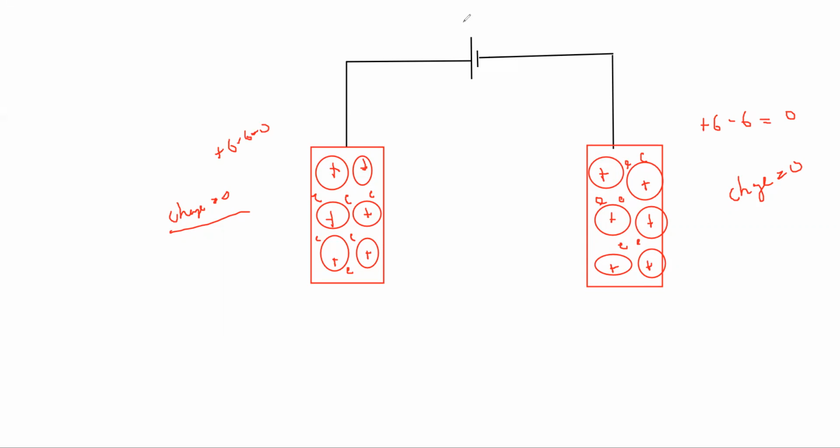Now what you did, you connect them with a cell or a battery. So the positive terminal of the battery, because unlike charges always attract each other, which charges will it attract? The positive terminal will attract the electrons. So as the positive terminal attracts the electrons, electrons will go out.